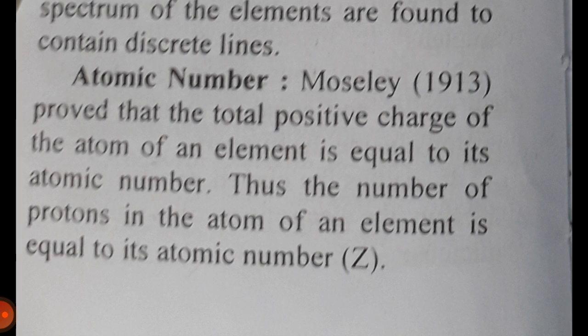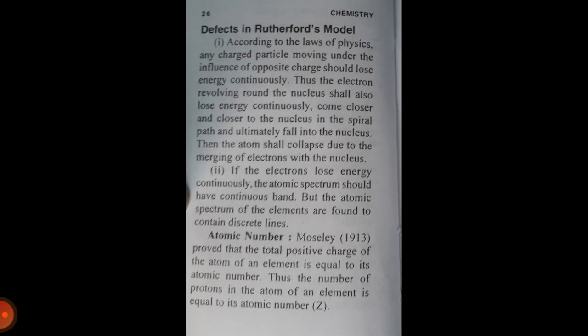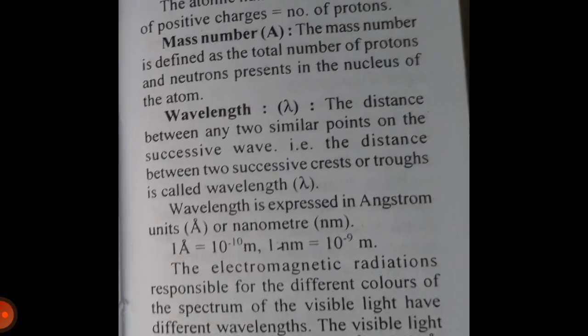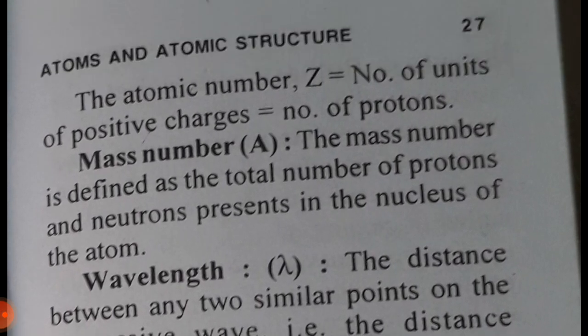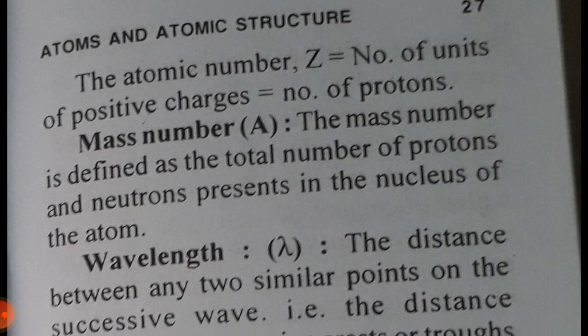Thus, the number of protons in the atom of an element is equal to its atomic number Z. Atomic number Z is equal to the number of units of positive charge, which is equal to the number of protons.